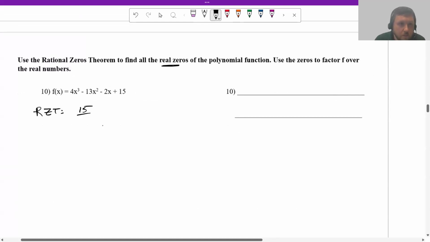So 15 over 4. So 1, 3, 5, 15 all go into 15. 4, 1, 2, and 4 go in there.